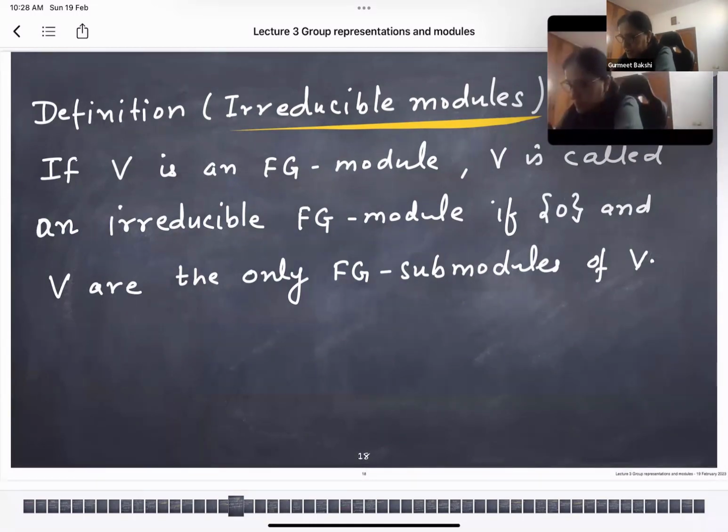Simple modules or irreducible modules. A module is called irreducible if there are no submodules other than 0 and itself, right? So V is an FG module. V is an irreducible FG module if 0 and V are the only FG submodules of V.